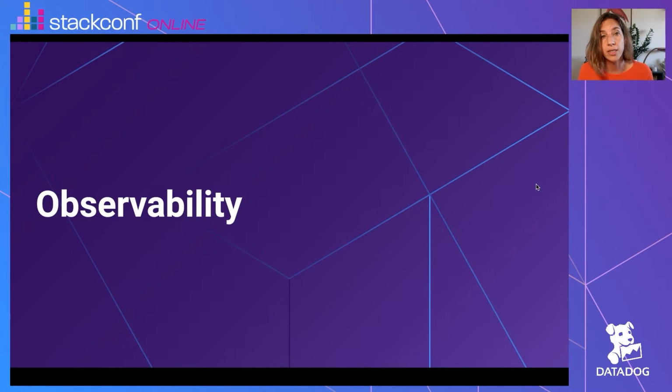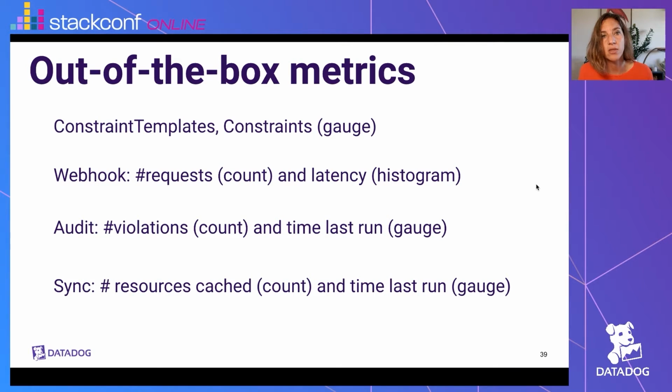Another great feature of Gatekeeper is that it has a lot of metrics already set up for you. This is very important because you want to understand what's going on when you create a new policy, see what objects are already failing that policy, things like that.